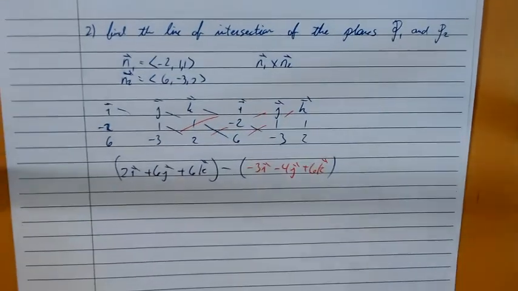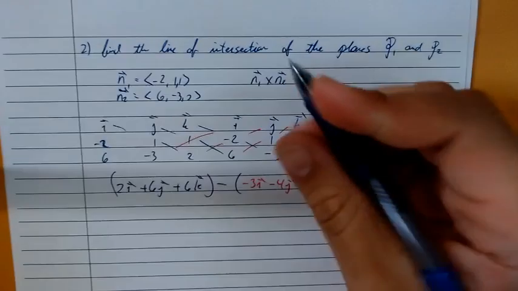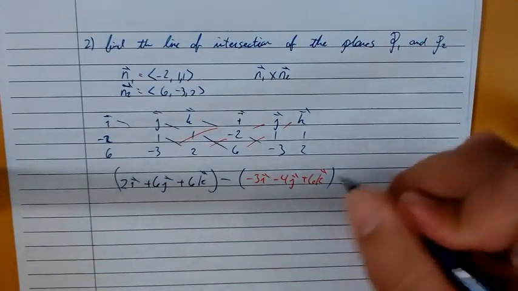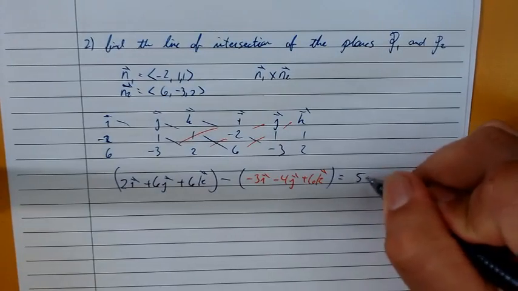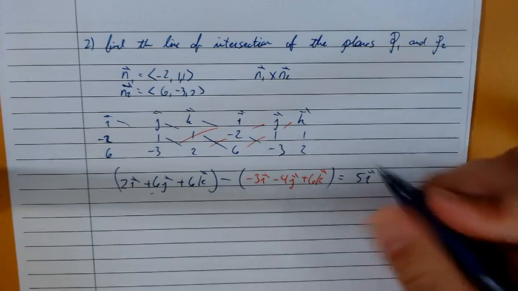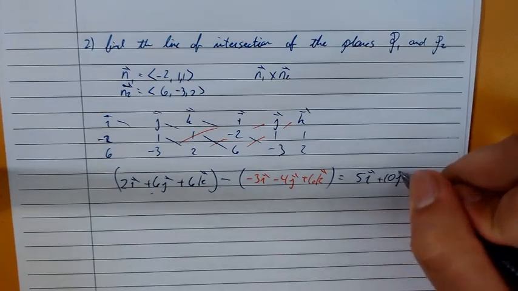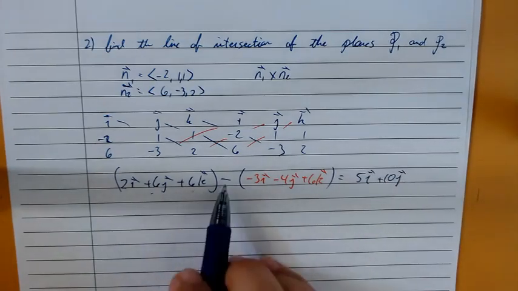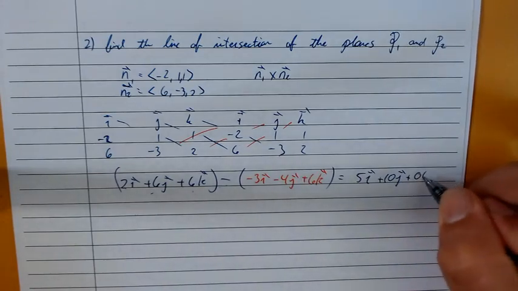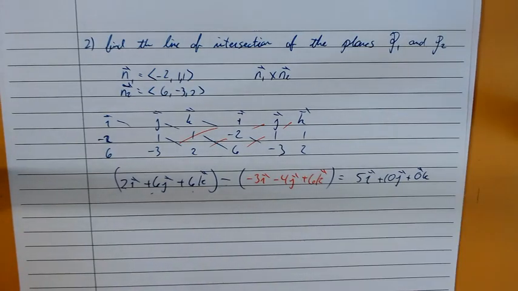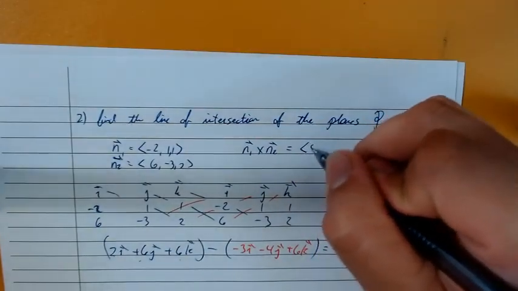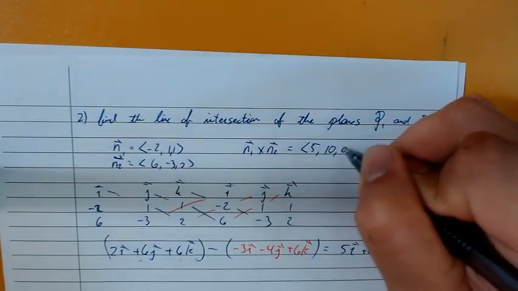+6k. And now by subtracting those, we get our, let's see, 2 minus a -3. That's going to give us 5i. 6 minus a -4, that'll give us 10j. And 6 minus 6, that's going to give us 0k. So that's going to give us a cross product that is 5, 10, 0.